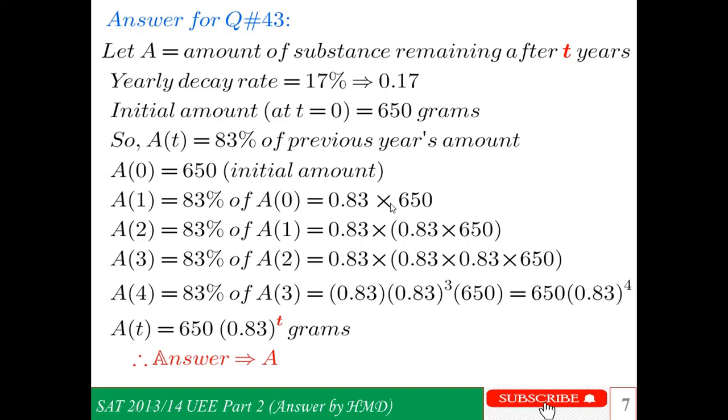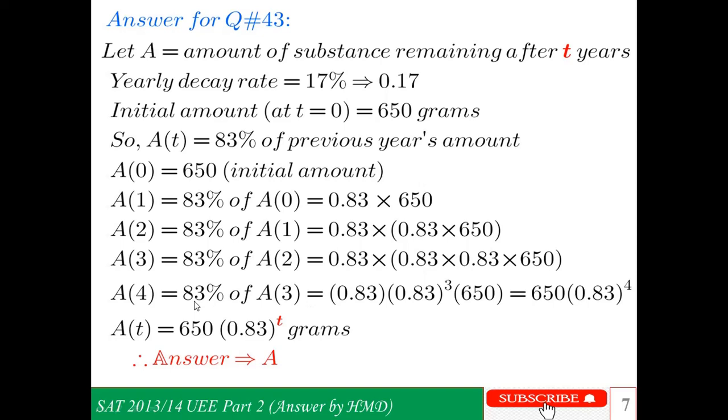In the first year, it becomes 0.83 times 650. In the second year, it becomes 0.83 times 0.83 times 650. This means 0.83 to the power of 2 times 650, right? After 3 years, it becomes 0.83 times 0.83 times 0.83 times 650, which means 0.83 to the power of 3 times 650.